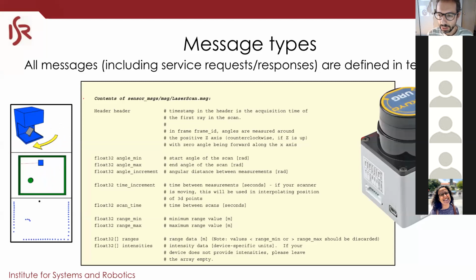If you want a topic to do something specific to your program, for instance just sending an integer from one node to the other, don't create a message for that. Use the integer message type. So when you want to create new nodes, make sure that you check whether there is a message that fits your purposes.